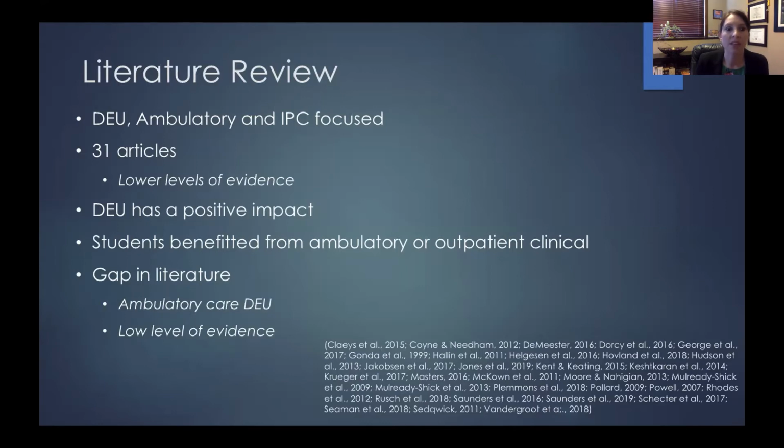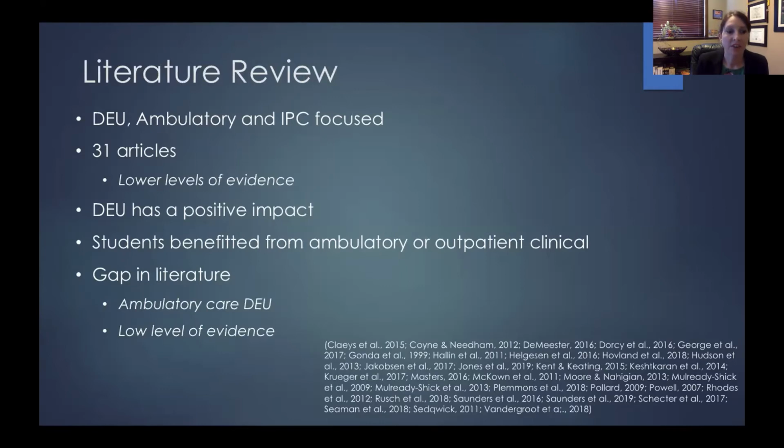We also found that a DEU improved patient safety and had no impact on missed nursing cares. 3 articles revealed that students benefited from ambulatory or outpatient clinicals. This setting presented significant opportunities, including a unique skill set and a positive learning environment.